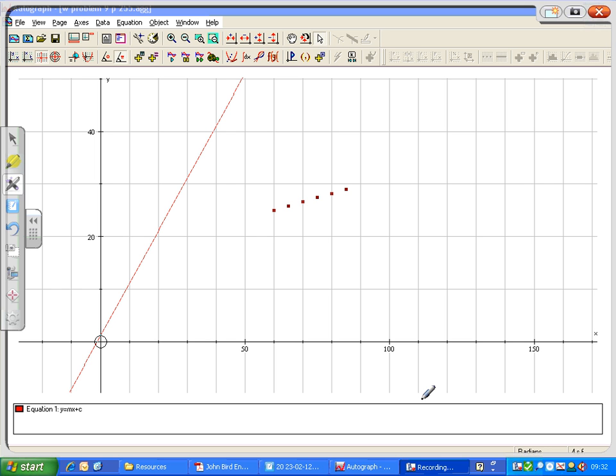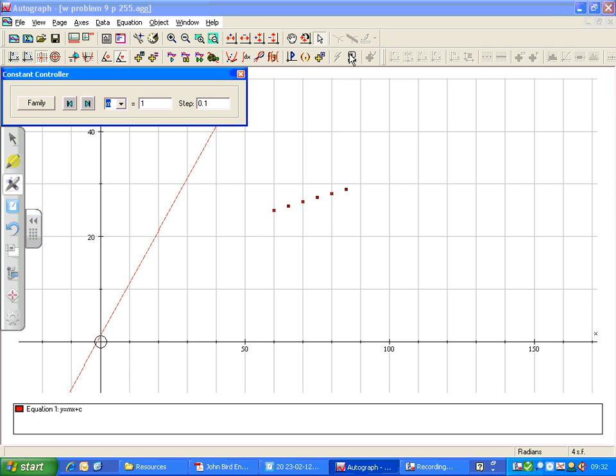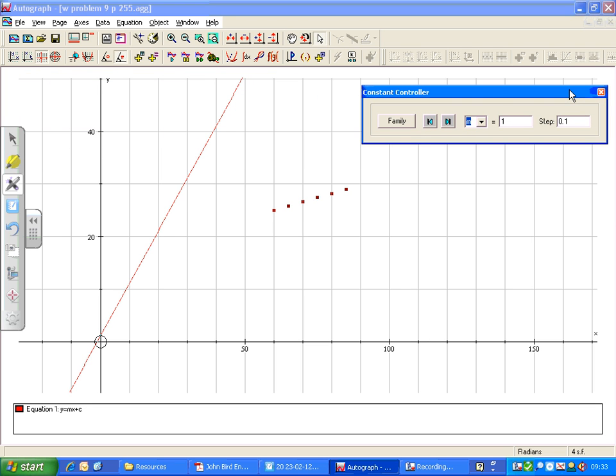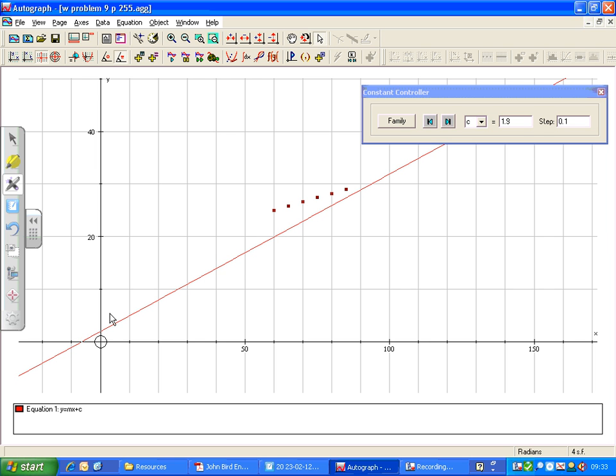What I can do is change the values of m and c. So let's have a look. I change m, that seems to be affecting the slope of the graph. If I change c, that seems to be affecting where the line cuts the y-axis, around here, okay?